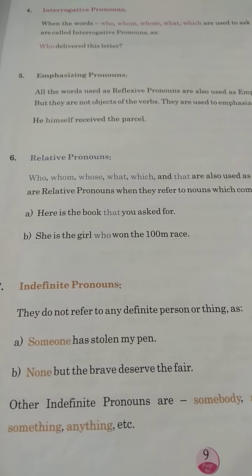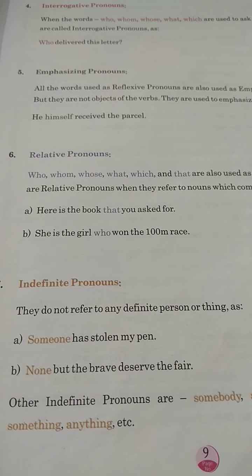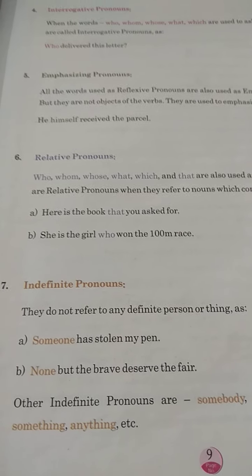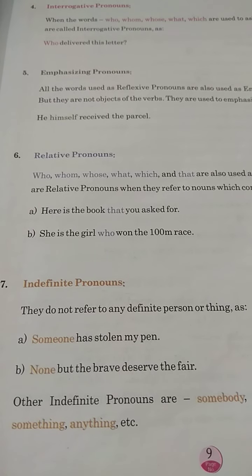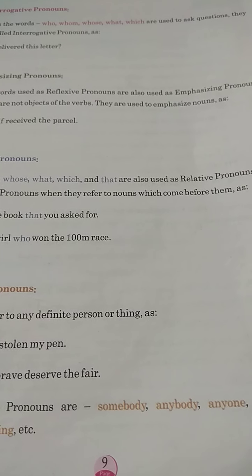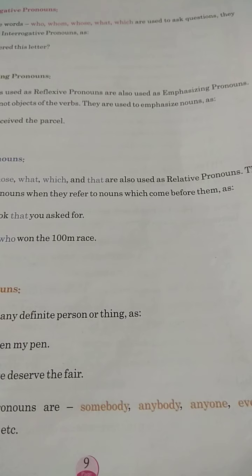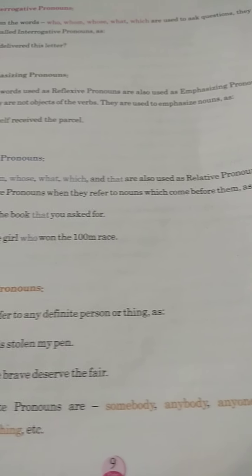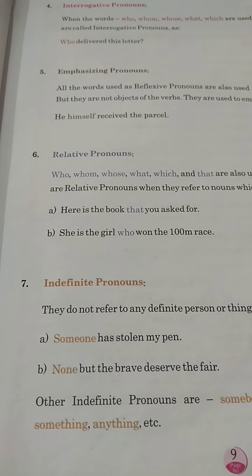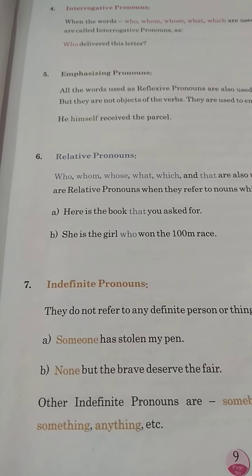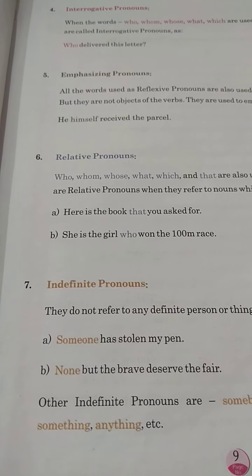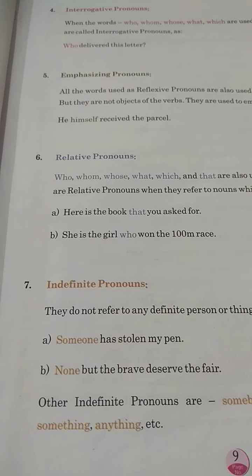Emphasizing pronoun. All the words used as reflexive pronouns are also used as emphasizing pronouns, but they are not objects of the verbs. They are used to emphasize nouns, as in: he himself received the parcel. Some more examples. I myself posted the letter. He himself received the parcel.